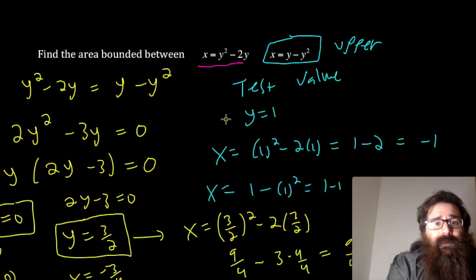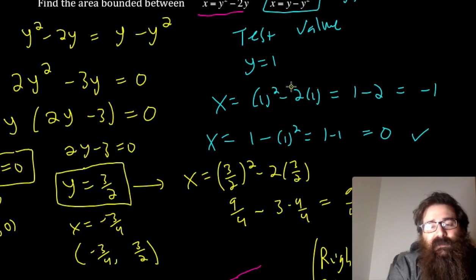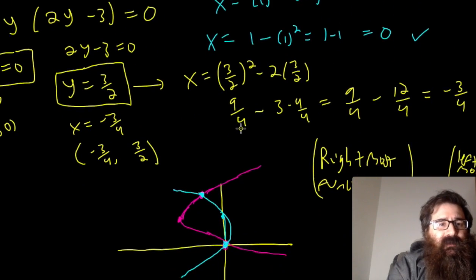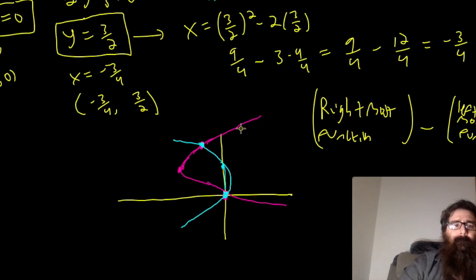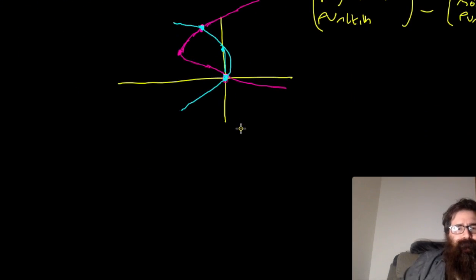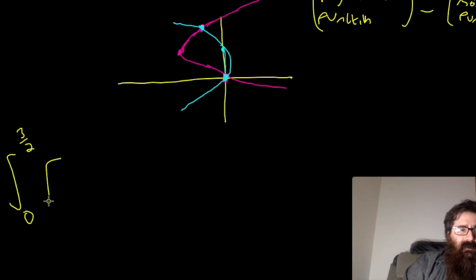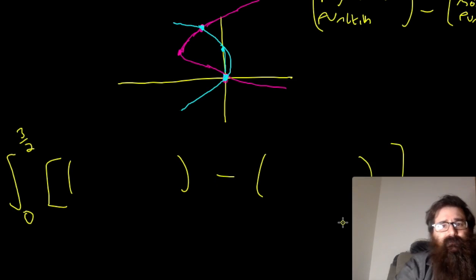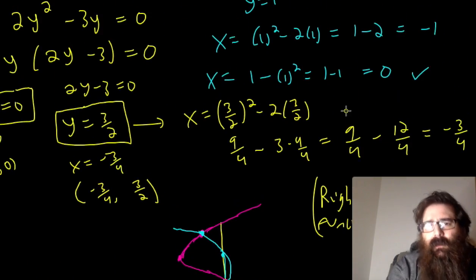Okay, well, with that in mind, and we got that information from the test value already, but I don't want to skip over important information to the problem, let's go ahead and set this up. So we found our bounds. We did that first. That's from 0 to 3/2. And then we want upper minus lower, which is really rightmost minus leftmost.